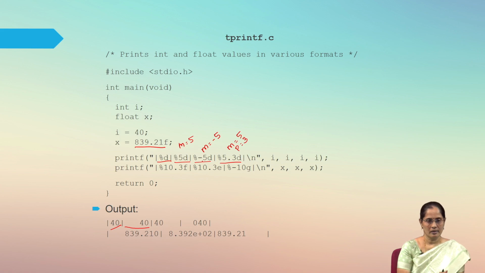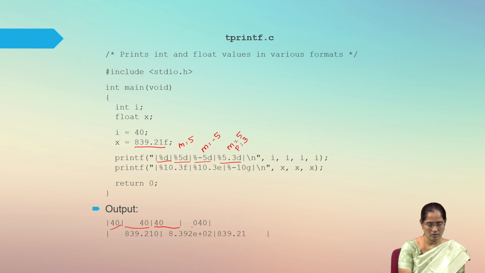So, it will be left justified. We are just displaying the value and then leaving the space. The last case will be %5.3d. Here we do not have any places after the decimal point, it is an integer value, but then it is displayed using the format 5.3d. The leading zeros are also displayed here.